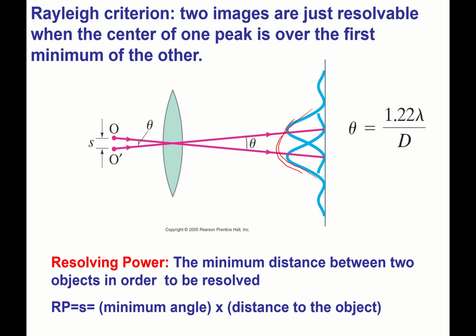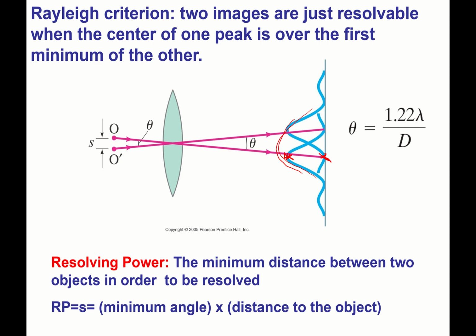The Rayleigh criterion says that the two images are just resolvable when it's at the position shown, where the peak in one of the curves is just over the minimum in the other curve. So the angle that's subtended by it is just the distance from the center to the first minimum, so 1.22 lambda over d.